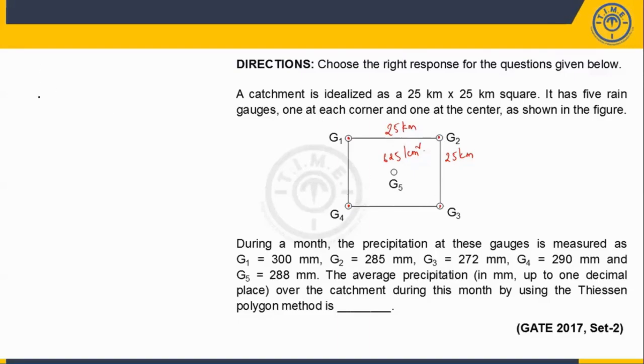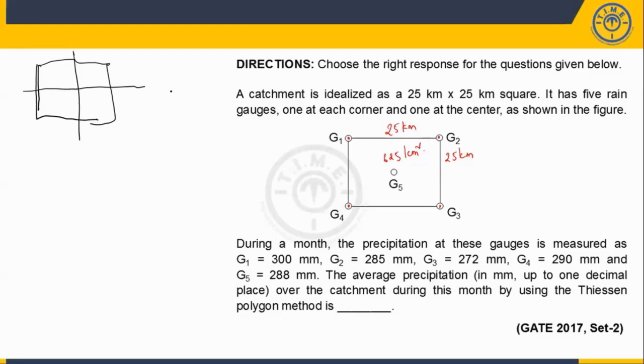Suppose you have a catchment like this and you have 4 rain gauges at the corners and you don't have anything in the center, then the area will become like this. That is, the total area will be shared equally by the 4 rain gauges.